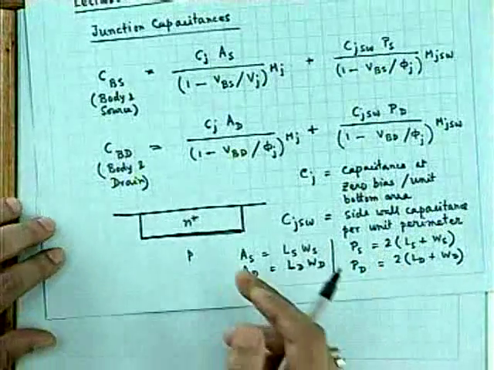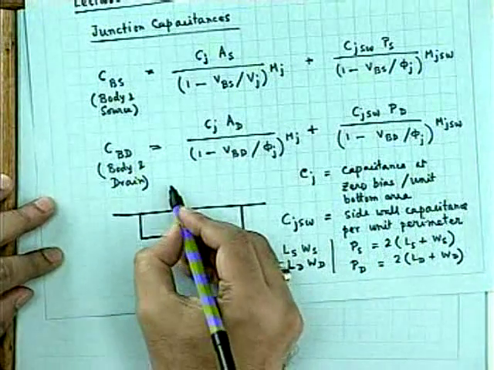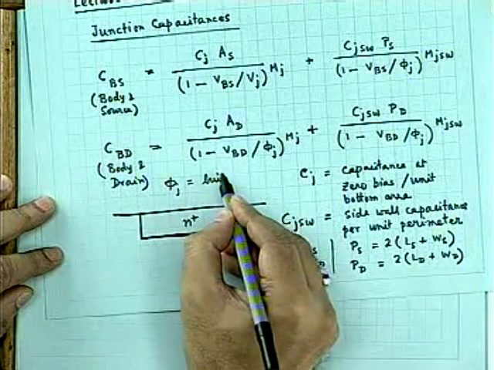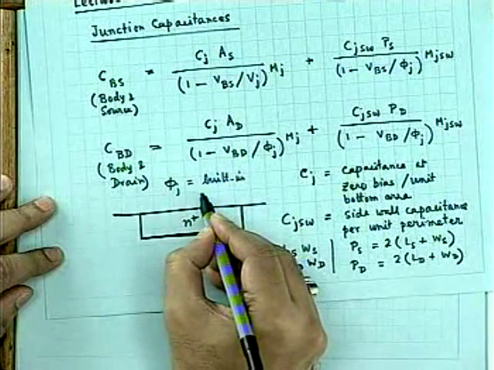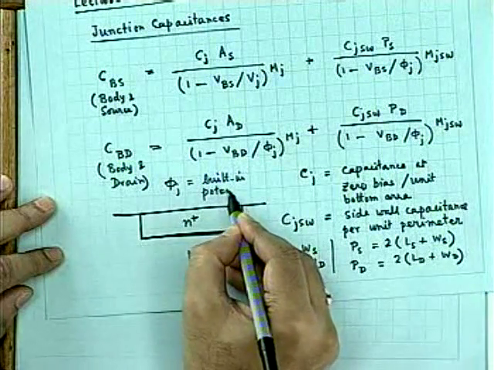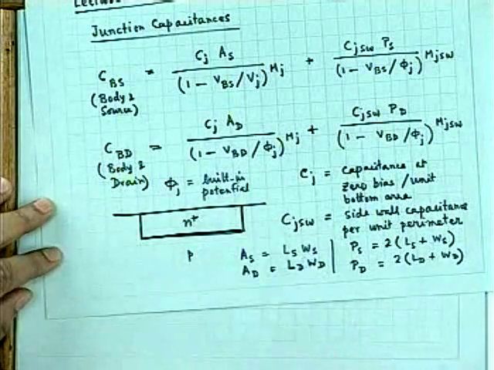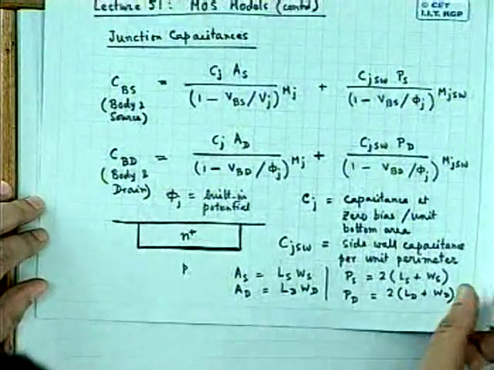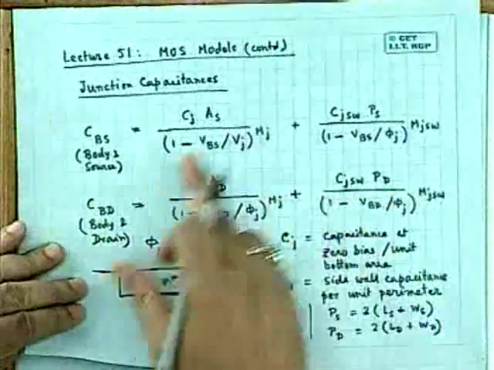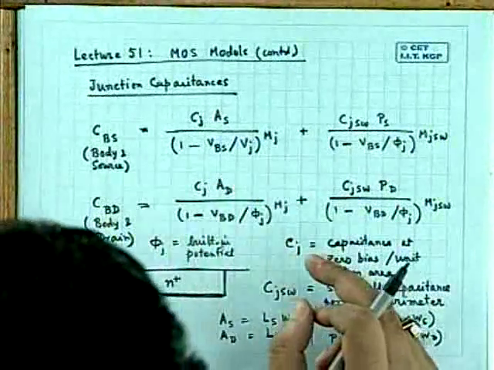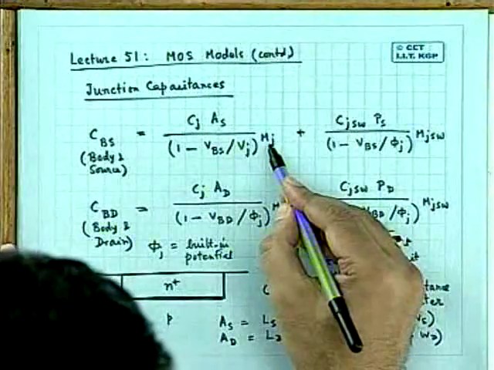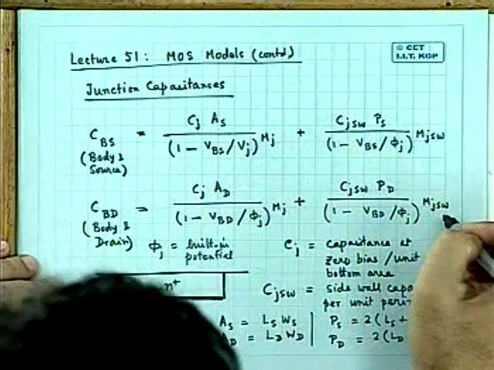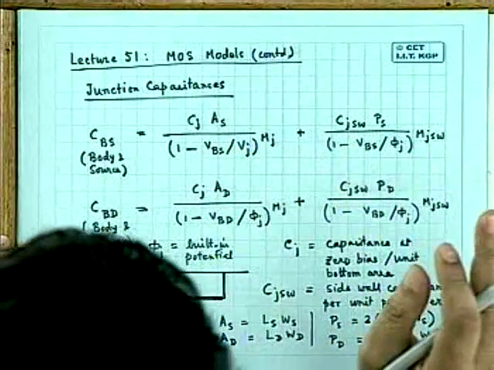Phi j is the built-in potential or barrier of the junction. In doing so, we have introduced this coefficient, rather this exponent MJ and MJSW. So what are the parameters involved here?